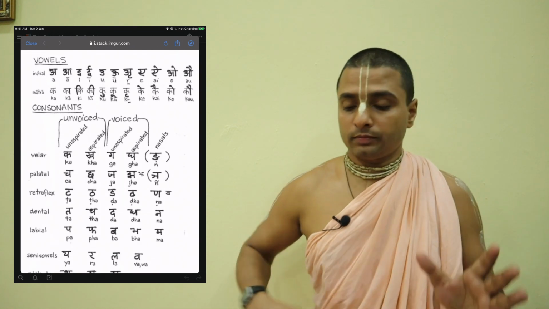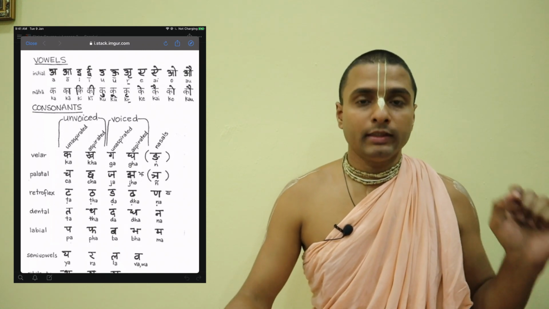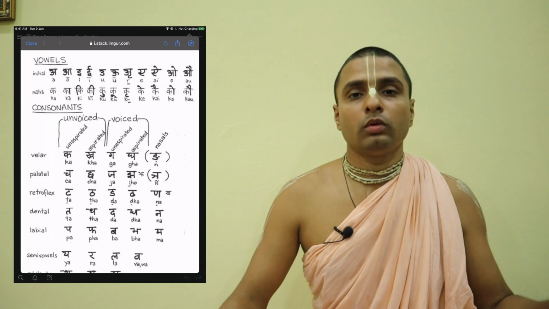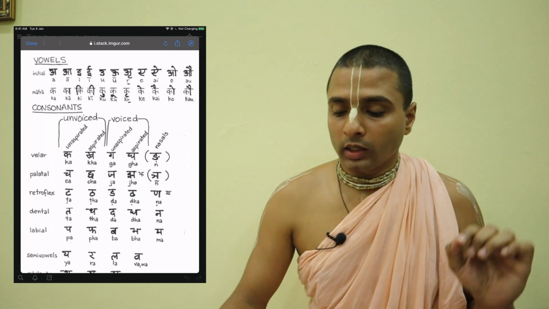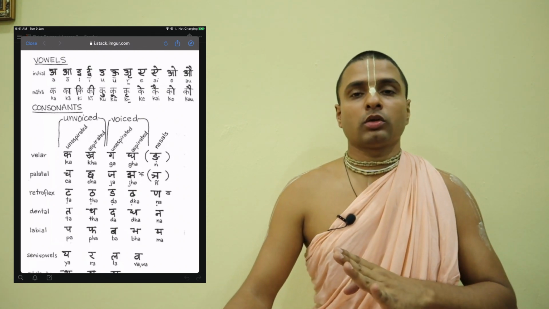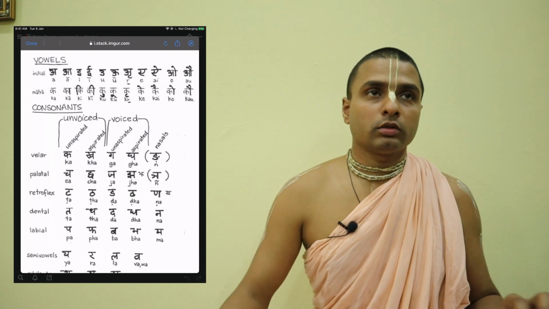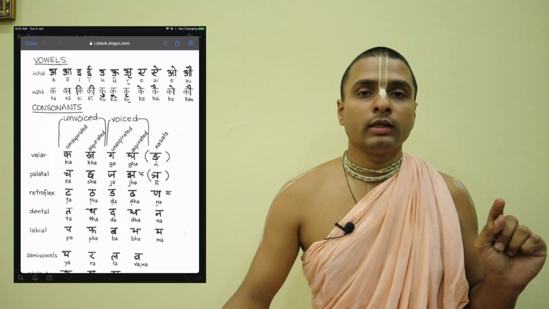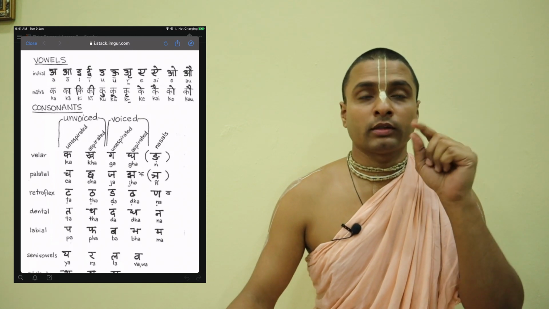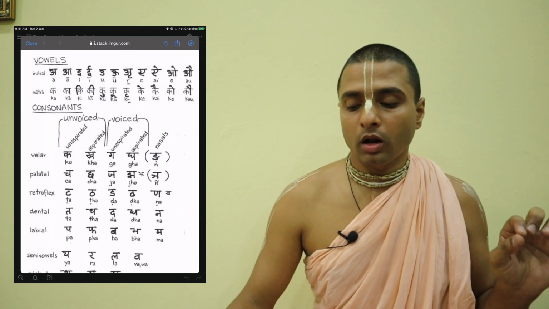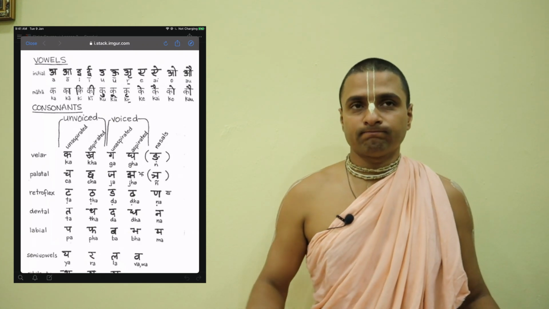So the vowels go like this, the sound: A, I, U, R. And then of course there is another one, which is called L, which is almost not in use nowadays. It's not exactly L. It's like the tip of the tongue touches the dental position, but it doesn't touch the teeth.